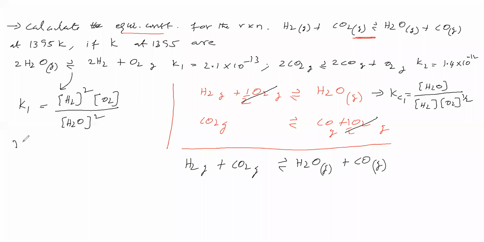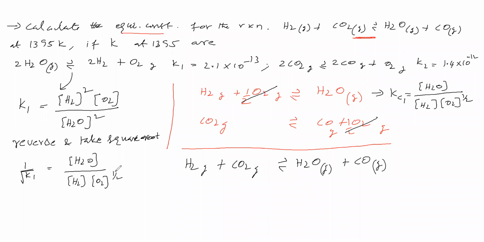Okay, so reverse and take square root. So we will reverse, so 1 by K1, square root we have to take. Therefore, reversing H2O, taking square root. So reversing, therefore H2, taking square root.